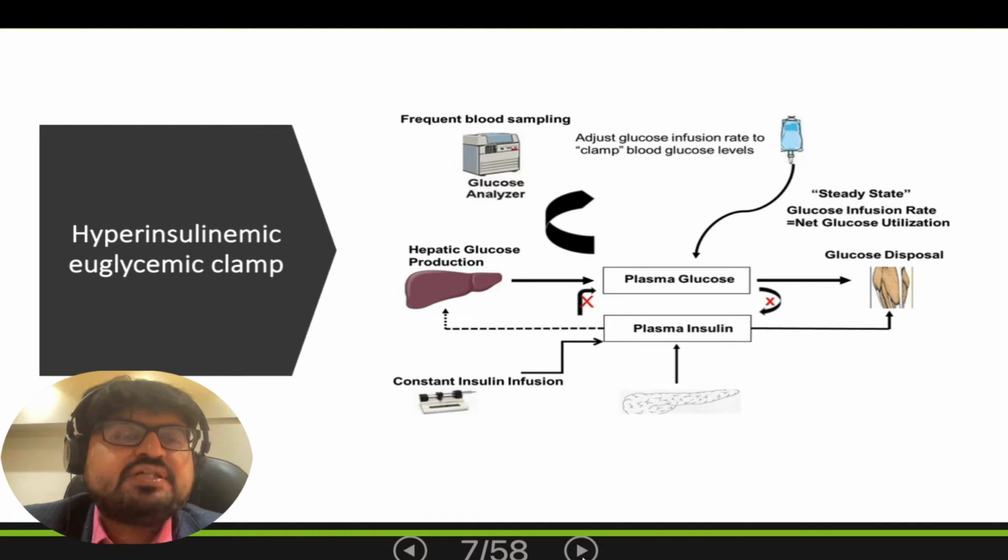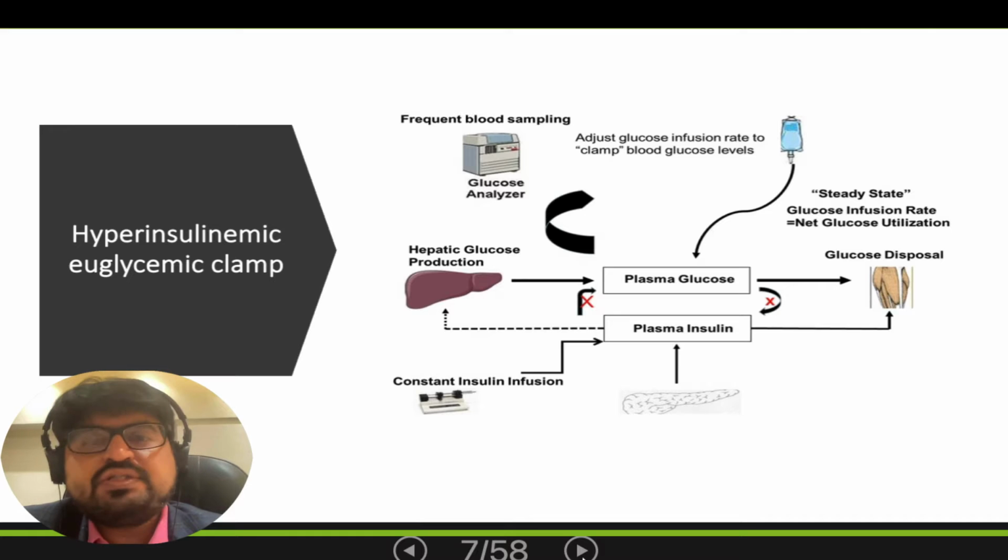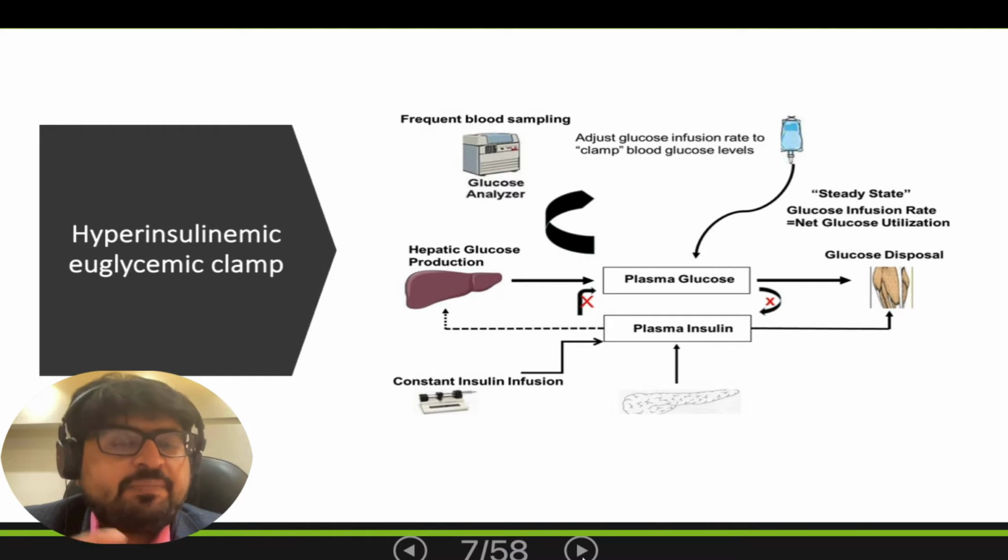mainly in research labs is what is known as the hyperinsulinemic euglycemic clamp. This is considered to be the gold standard for assessment of insulin resistance. Again, I reiterate that at an individual patient level, this is not generally very useful, but very useful for research. Dr. Ralph DeFronzo, who is one of the pioneers in diabetes therapeutics, is one of the people who proposed these clamp studies a long time back.